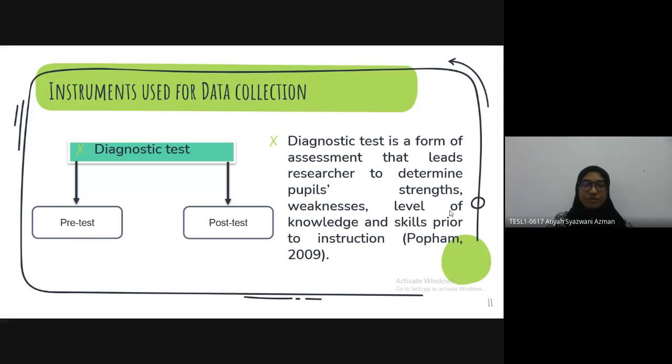The diagnostic test was conducted before and after the implementation of the song, but only the experimental group will receive the treatment, while the control group will be taught without the treatment.